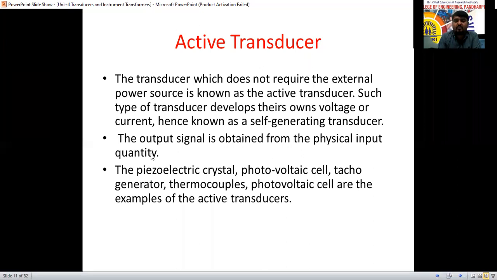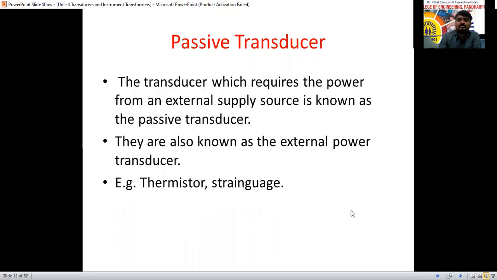The output signal is obtained from the physical input quantity. Examples: piezo material, which generates electricity whenever we fold it like this. I don't know how many of you have heard of that. Photovoltaic cells, tacho generators, thermocouples. PV cells or solar cells are the example. So that is active transducers.